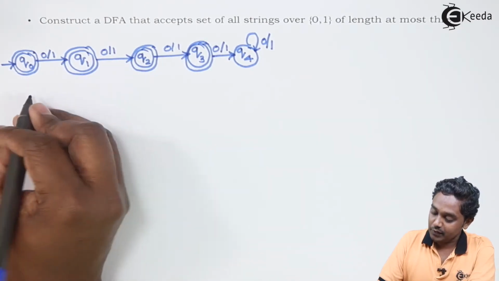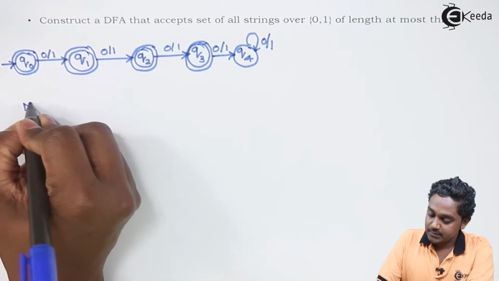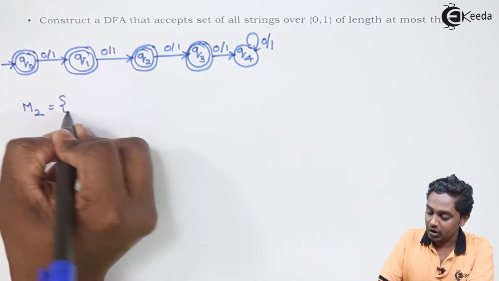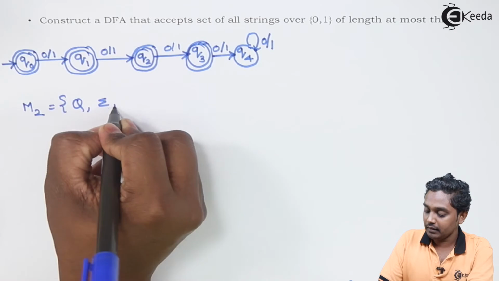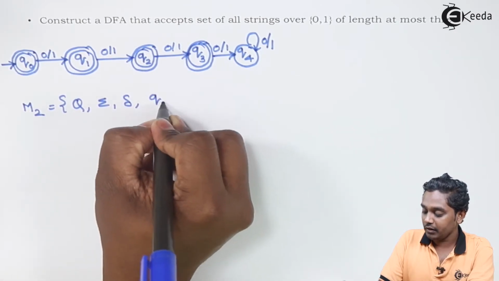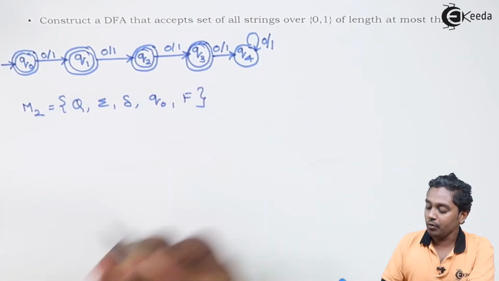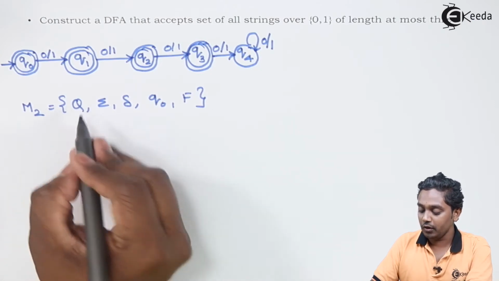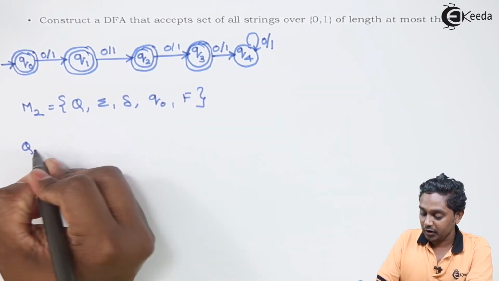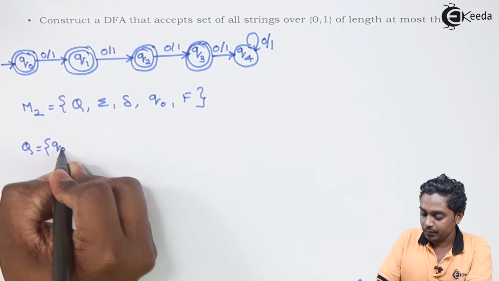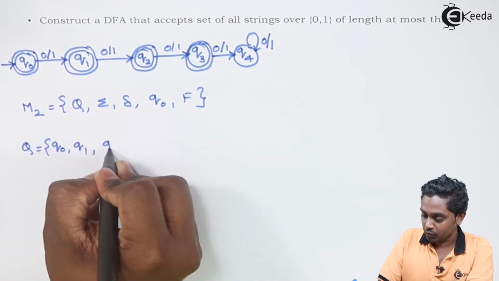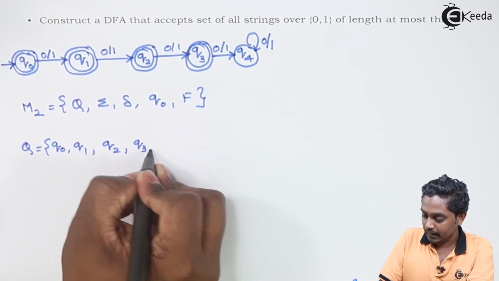Let's see again the definition. We know that, let's say this is machine M2 having Q, sigma, delta, Q0 and F. So what is Q? Q is the set of states. The set of states over here are Q0, Q1, Q2, Q3 and Q4.